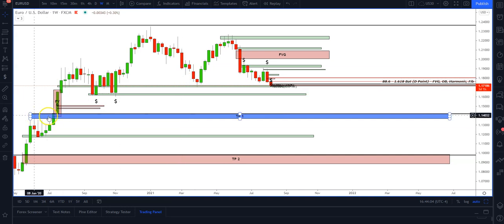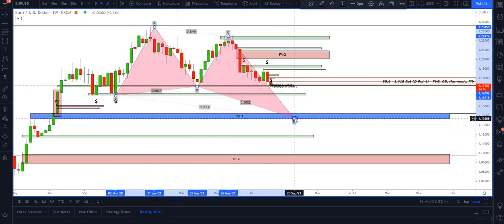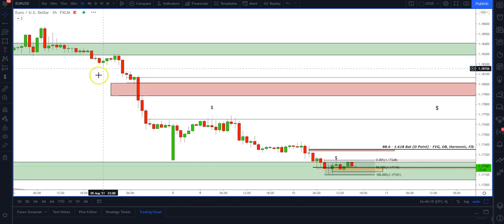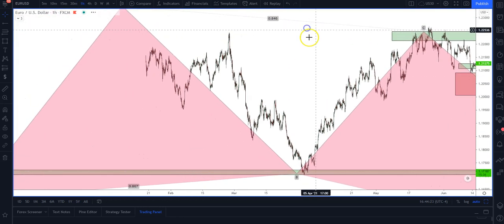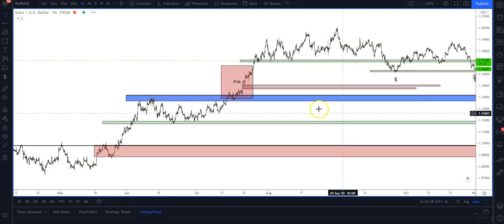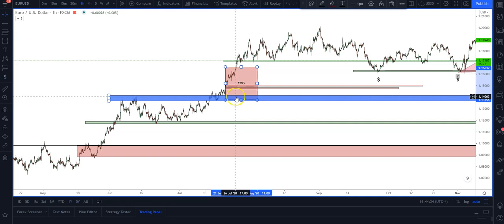Now, I labeled this TP1 because this actually forms a harmonic. Not only does it form a harmonic, this is the top of the actual order block. This is the actual top of a breaker order block.